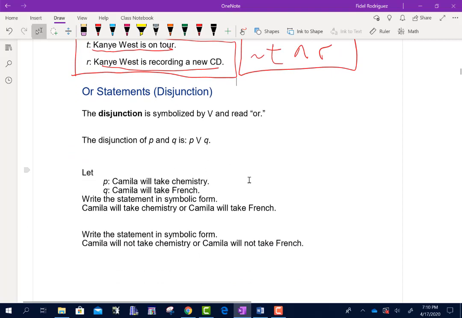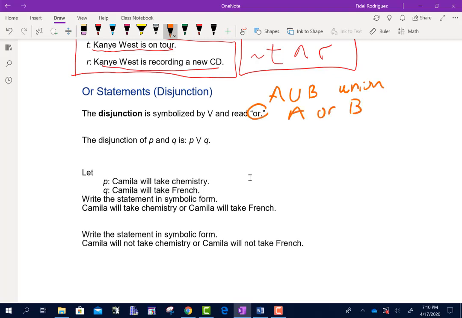All right. Now we have disjunction. So disjunction is symbolized by the letter V, or it's like a down arrow. Guys, if you remember back when we were in chapter 2, and we had this, which was the union, that means we were looking for the elements that were in A or B, okay?